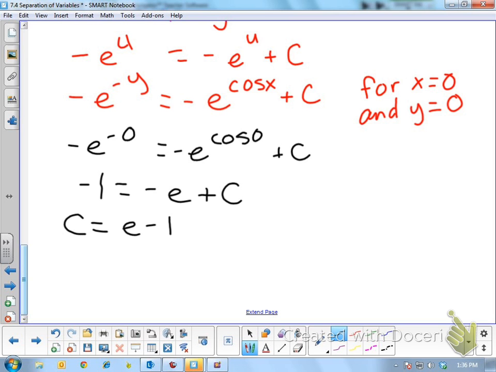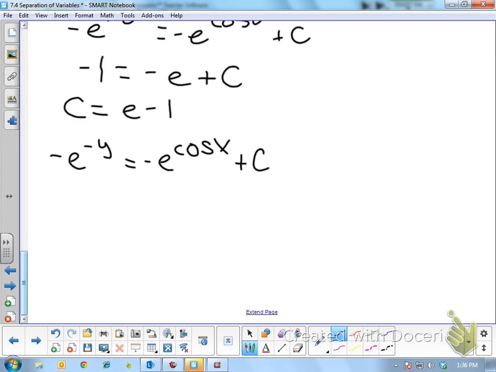So we can plug that back in for c, and then we still need to get y alone. This one is also tricky with the algebra. So first, let's get the negative, why did I write just c, plus e minus 1. Sorry.